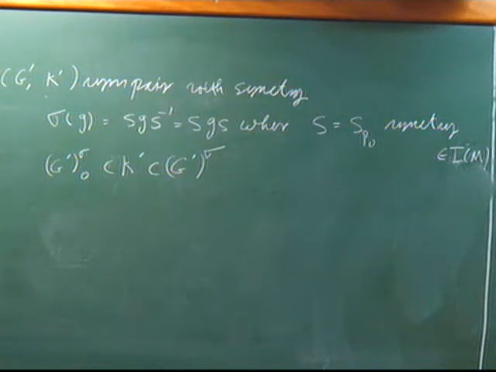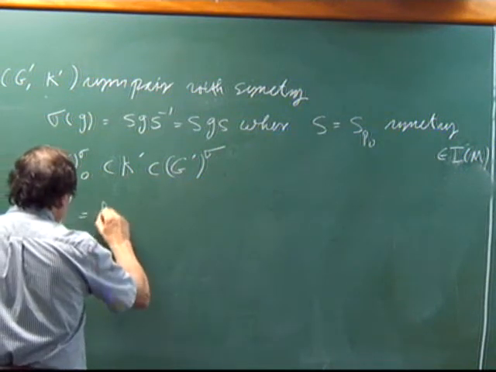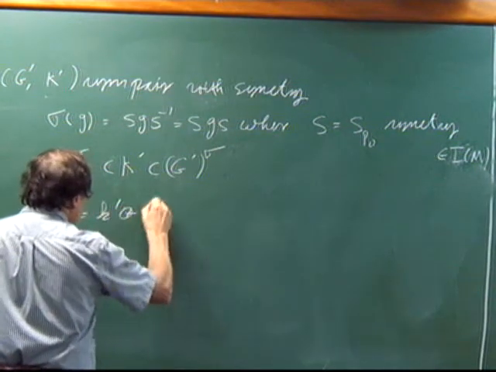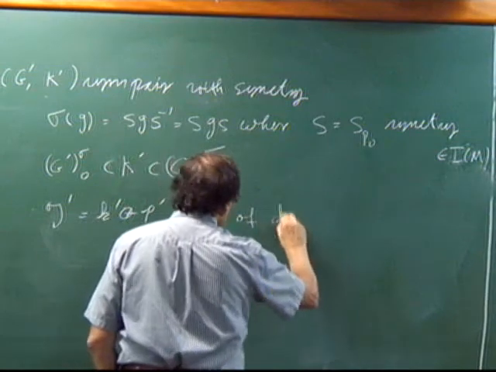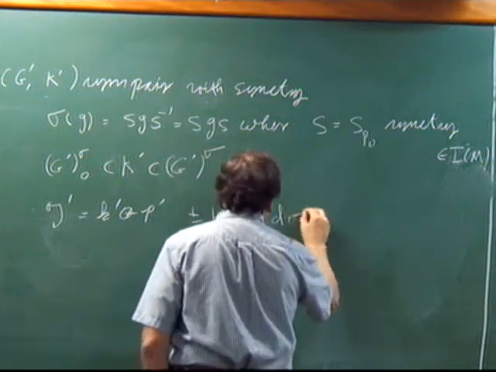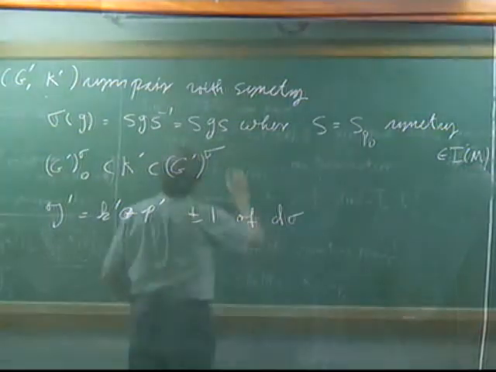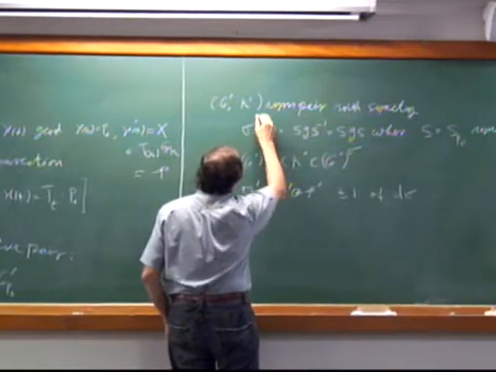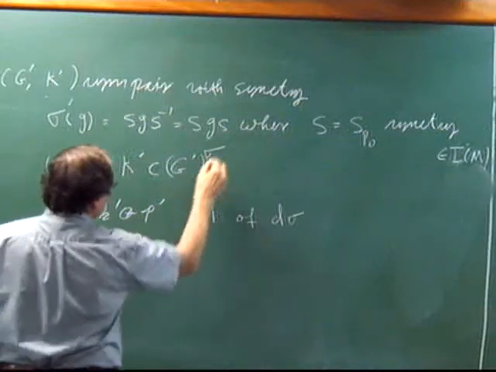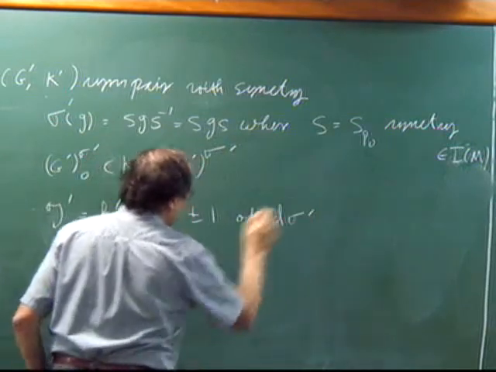Okay. And of course, then I get also a Cartan decomposition into the plus and minus one eigenspaces of d sigma. Maybe we should give it a different name because sigma is the one for the pair I started out with, so let's call it sigma prime. d sigma prime.